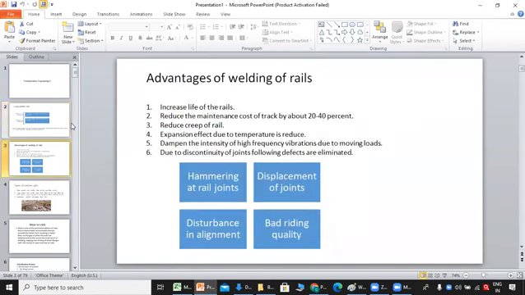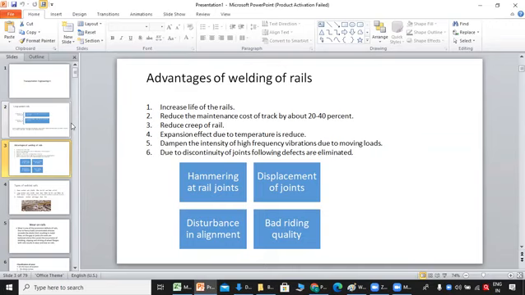Now see the advantages of welding of rails. First, increased life of the rail. Obviously, if the rails are damaged and we do the welding, the life of the rail will increase. Second, reduced maintenance cost of track by about 20 to 30%.